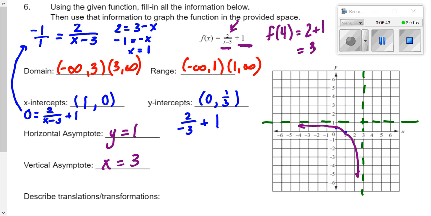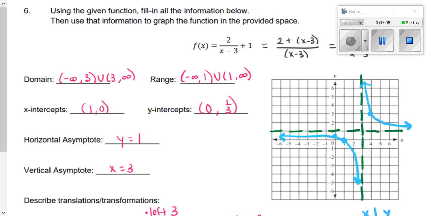And I got 3, so 4, 3 is a point on the graph. Maybe also 5. Let's try that. F of 5 would equal 2 over 2 plus 1, so 2. And that will help me, at least theoretically, if I could draw it all. Draw something that looks lovely like this.